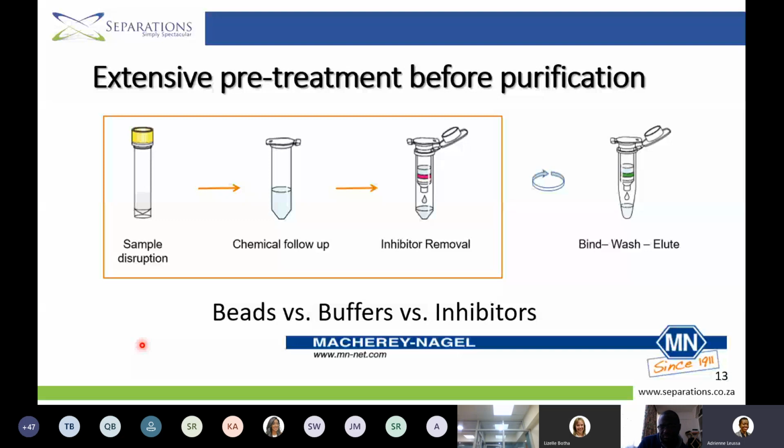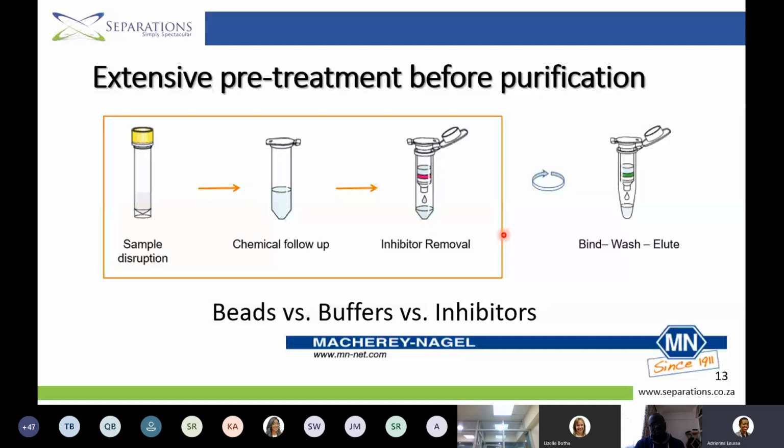And in this area, we focus on three targets that are involved in sample pre-treatment. We look at sample disruption, a chemical follow-up to accompany the sample disruption to optimize lysis and yield.